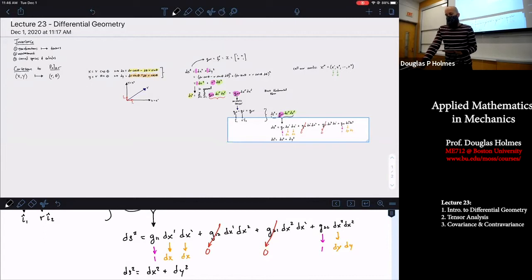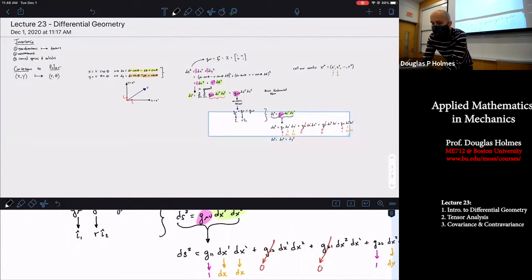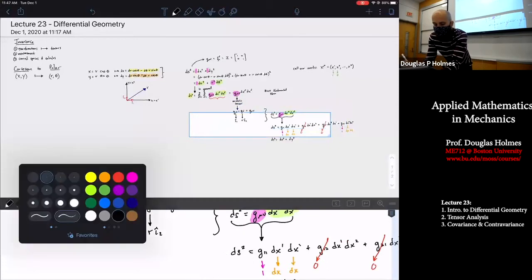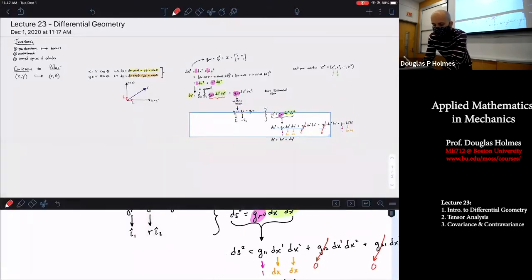Yeah, makes sense. So if the metric tensor is composed of dotting the two basis vectors together in 2D, and these are our two basis vectors in polar coordinates, then what is the metric tensor in polar coordinates?